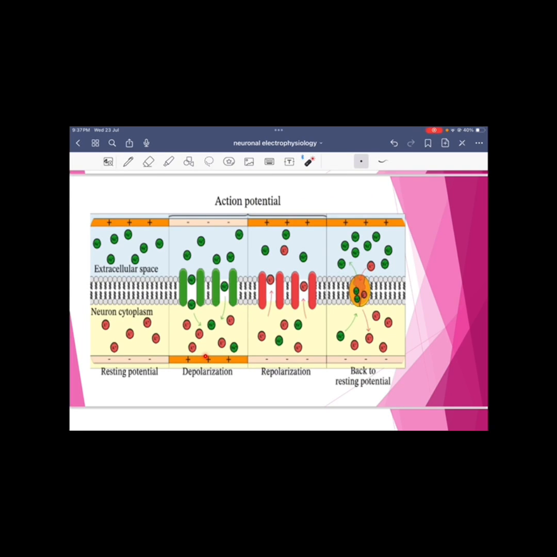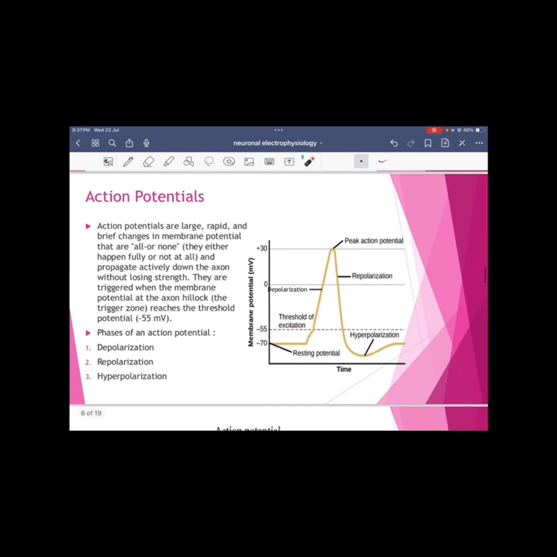So what happens? Something exciting happens: voltage-gated sodium channels will open and sodium will rush inside the cell, and this will make the inside of the cell suddenly go from negative to positive, up to around plus 30 millivolts. As you can see here, the membrane goes from minus 70 and depolarizes up to plus 30, so from negative to positive.